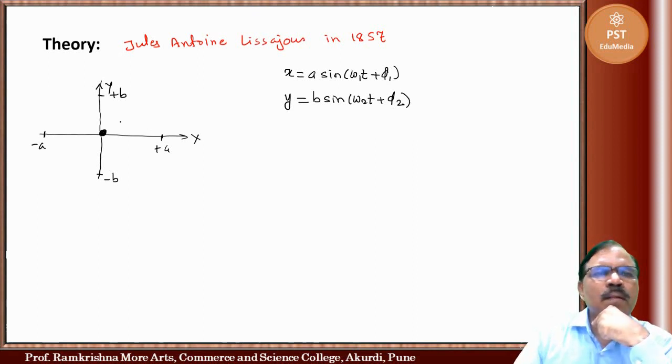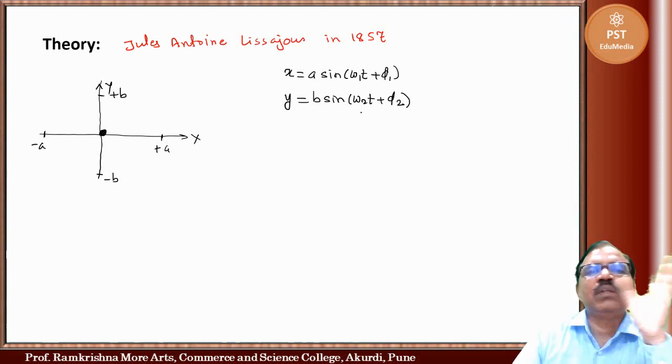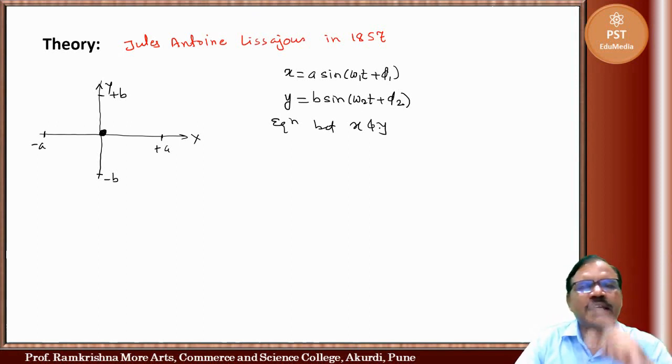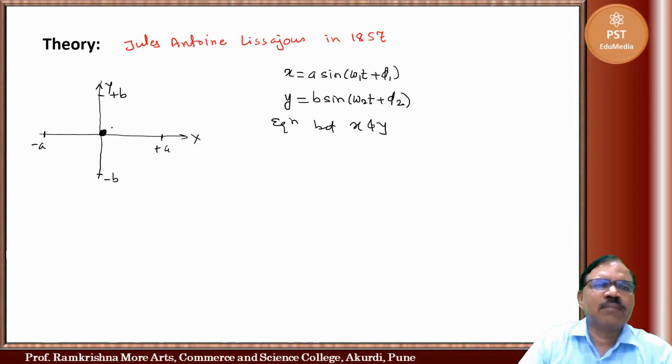Now, what happens if we eliminate time t between the two equations? We will get an equation between x and y, and we get a curve on the xy plane. So the curve may be like this.